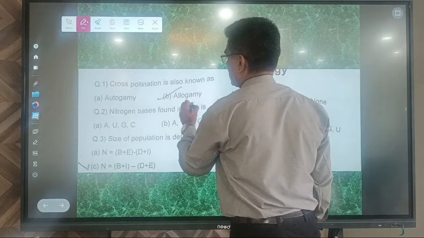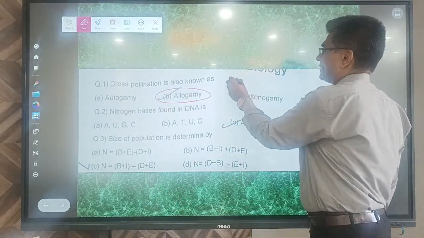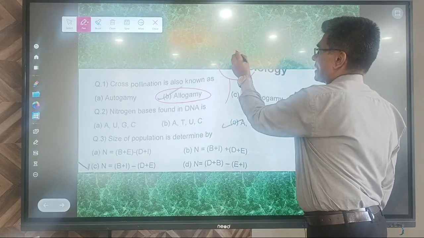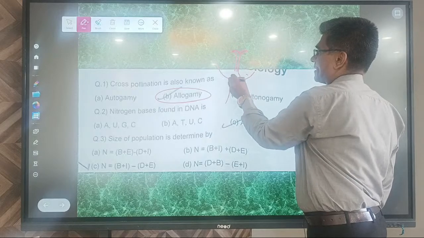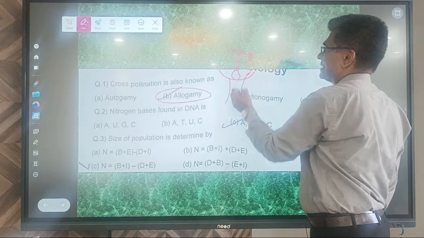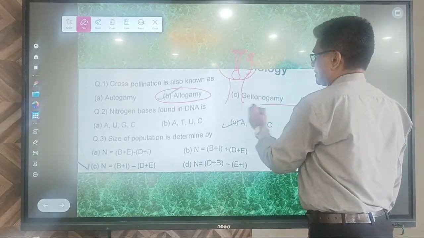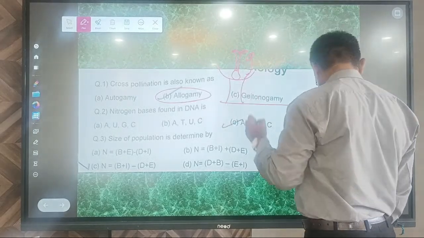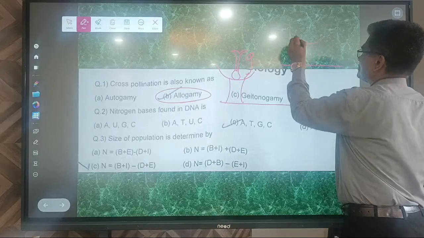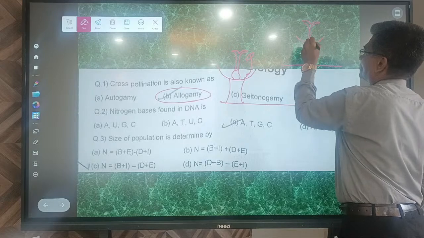If I want to make it very precise, you know that a flower has two parts: one is called gynoecium and the other is called androecium. So this is the stamen. Now in cross pollination, there is one flower of one particular species and another tree of the same species, wherein there will be gynoecium and androecium.